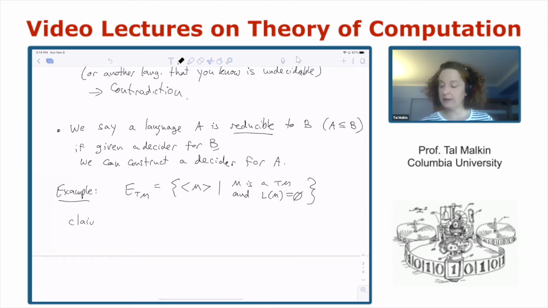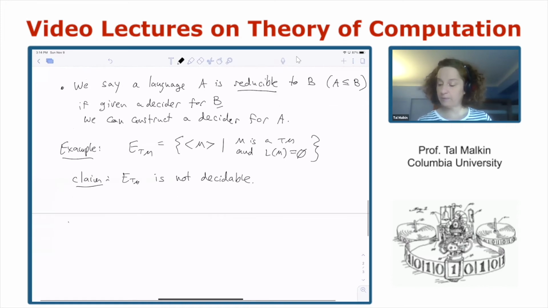Okay, so my claim is that ETM is not decidable. This is what I want to prove. And my proof will be by reduction from ATM.